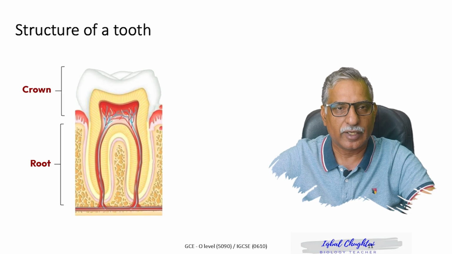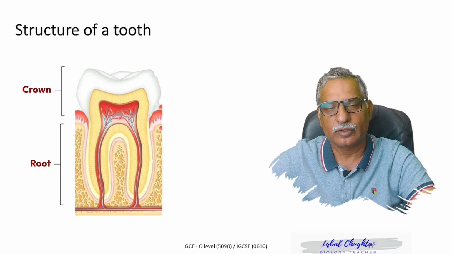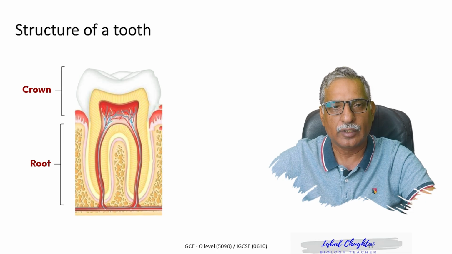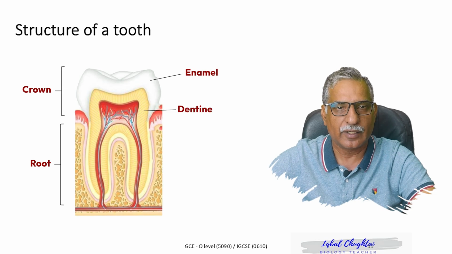And the crown is the exposed part of the tooth, the white part that we see. The crown contains the topmost layer, known as the enamel. The middle bony part is known as dentine, which gives it hardness.